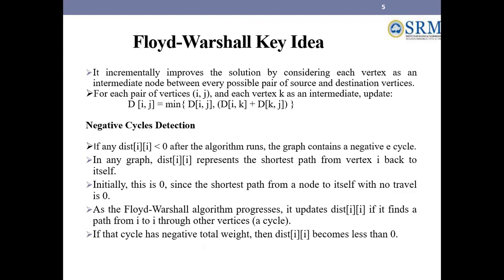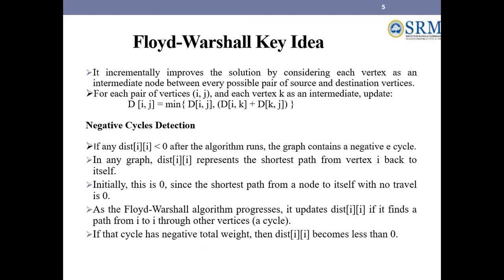I to k, k to J. Here, this approach is not applicable when the graph has a negative cycle. A negative edge cycle is different. So what is the diagonal value? The distance from I to I, A to A, B to B, C to C, is always 0.